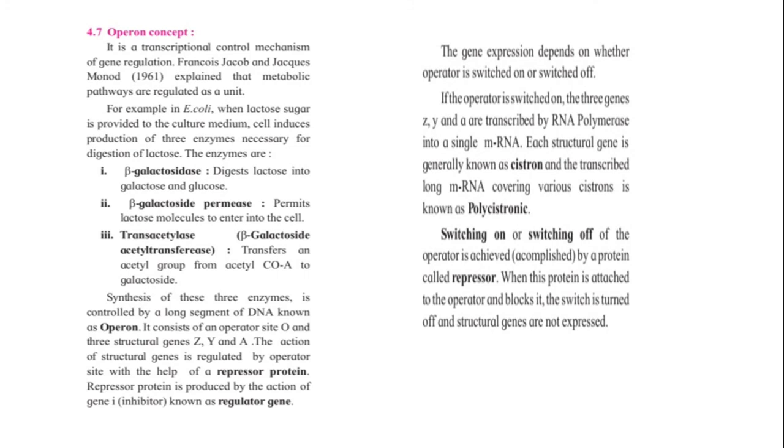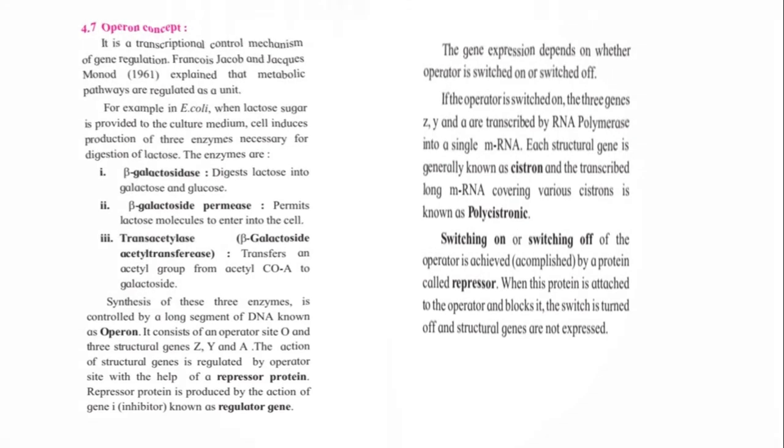Switching on or switching off of the operator is achieved by a protein called a repressor. When this protein is attached to the operator and blocks it, the switch is turned off and structural genes are not expressed.